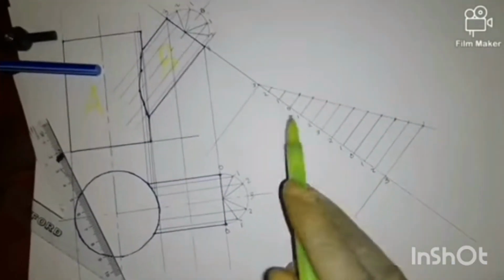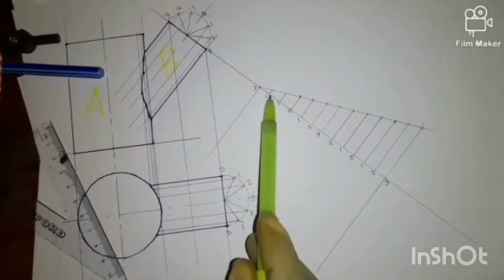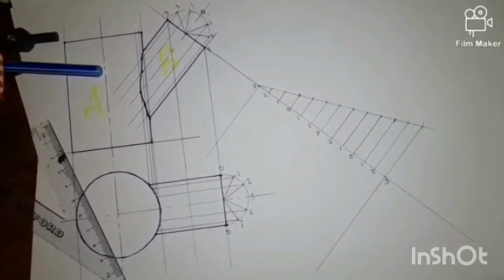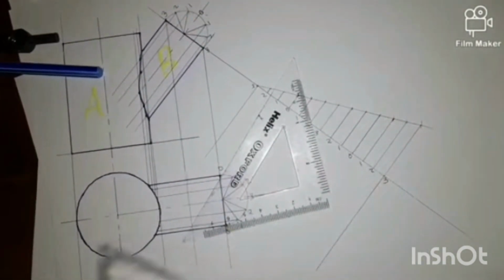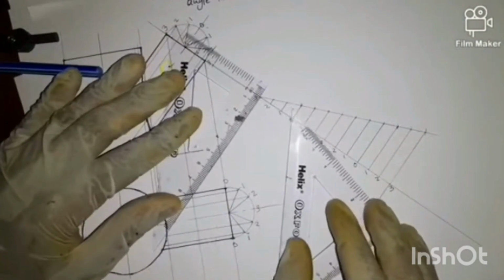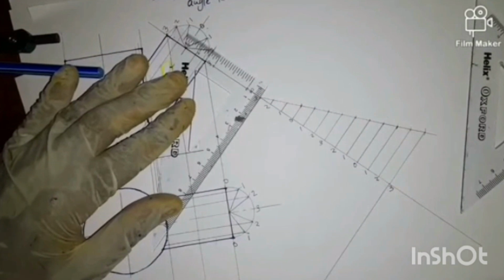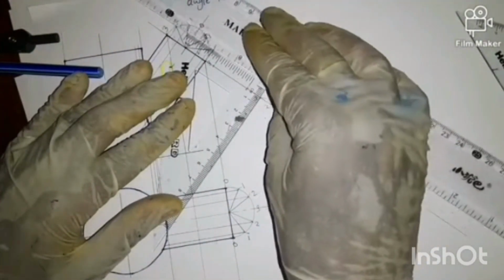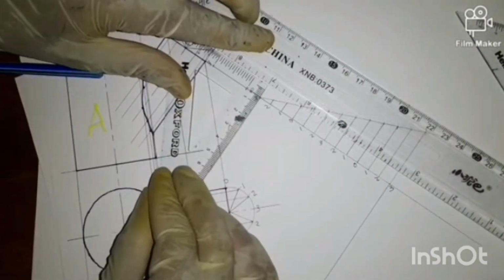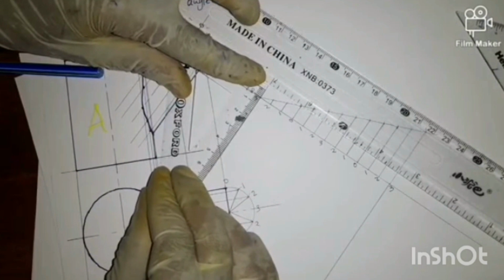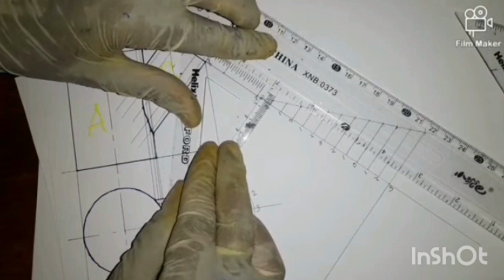So we are again going to draw lines which are parallel to this from all those points. This point, this point, they are parallel. We still do the same, starting from here. We draw these parallel lines.